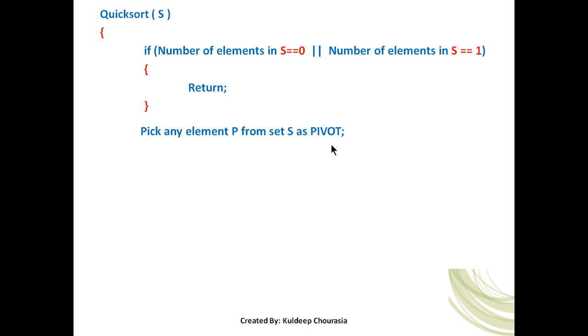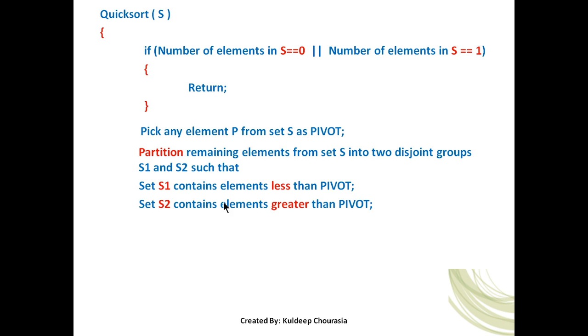Otherwise, if your set contains more than one element, which means 2 elements, 3 elements or 4 elements, then you need to sort it. So our first step was to pick any element P from set S as pivot, then partition the remaining elements from set S into two disjoint groups, S1 and S2, such that S1 contains elements less than pivot and S2 contains elements greater than pivot.